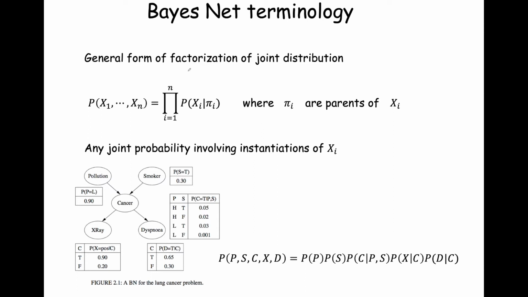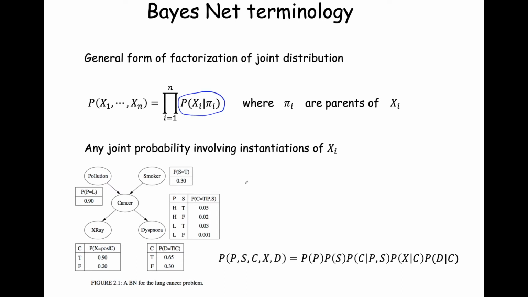And so essentially what we have from a Bayesian network, the probability of the joint vector x1 through xn, so you have n many features, is nothing more than the product of the independent factors, which are the probability of each node given pi i, where pi i are the parents of each node. And so we have this factorization as the product of these conditional probabilities, each node given its parents.